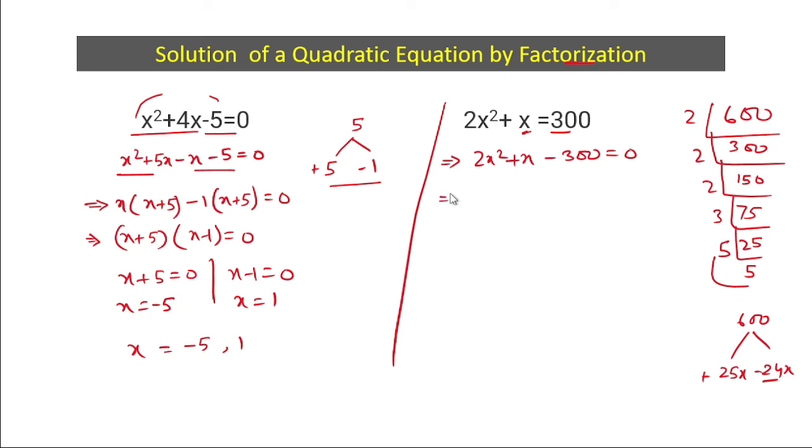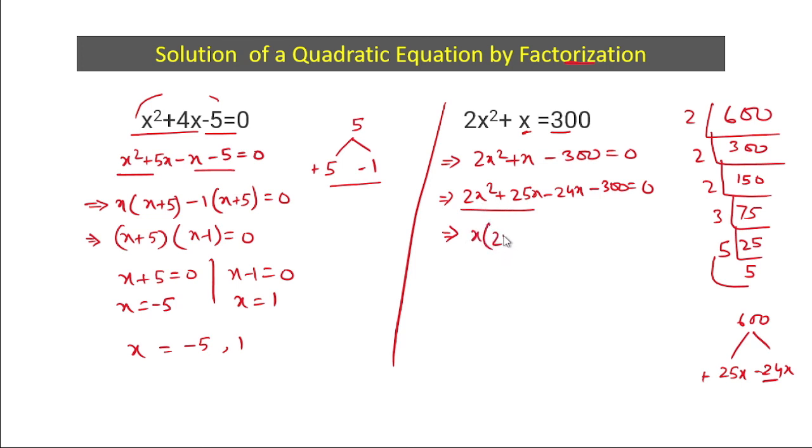So we'll write it 2x square plus 25x minus 24x minus 300 is equal to 0. Now we'll take common between these two, that is x. Common between these two is x.